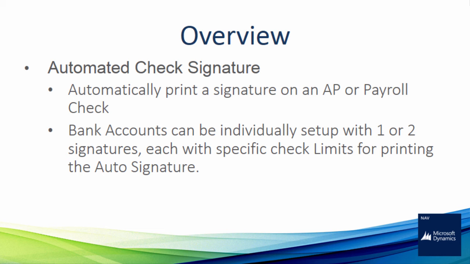It also says payroll check on this slide, but we don't handle the standard Serenic payroll check out of the box, though it can easily be added. The bank accounts can be individually set up for one or two signatures, along with check limits for controlling the dollar value.